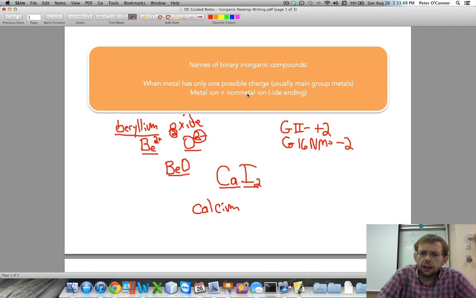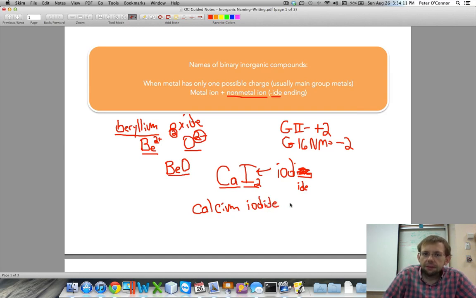I take my nonmetal ion and change its ending to "ide." This is iodine, and "ine" is its ending, so I drop that and put "ide" on the end. So this becomes iodide.